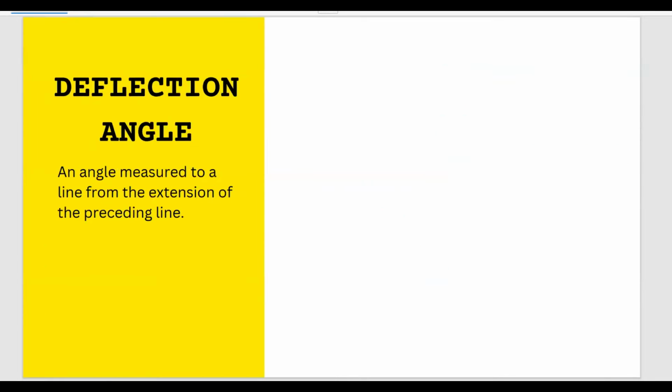Now, moving forward, let's talk about deflection angle. The definition of deflection angle is an angle measured to a line from the extension of the preceding line. So let's see what that means. Let's say you're given line AB, and now let's say you're given that this line has the azimuth of 45 degrees. So let's say azimuth of AB equals 45 degrees.